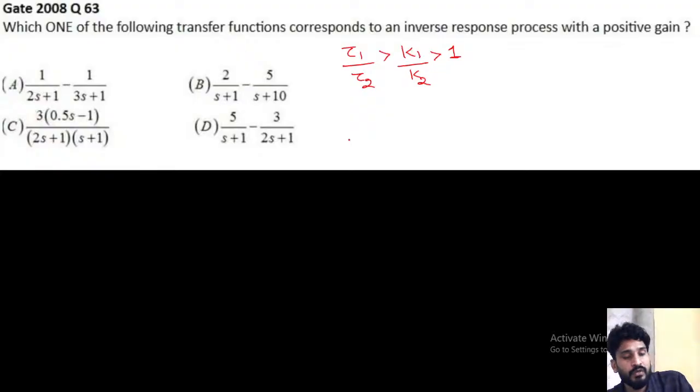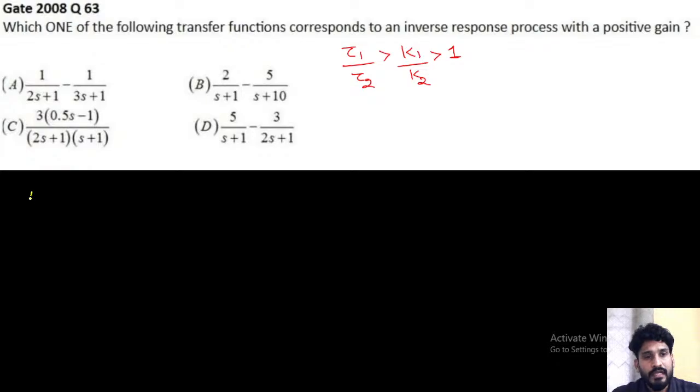I'll explain this question in great detail by choosing every option so that this inverse response topic will be very clear to you, because this is very, very important. Whatever we discussed till now as a concept, I will insert all the concepts in this question. Otherwise, if I solve this question, I'll solve it within 30 seconds. That's it.